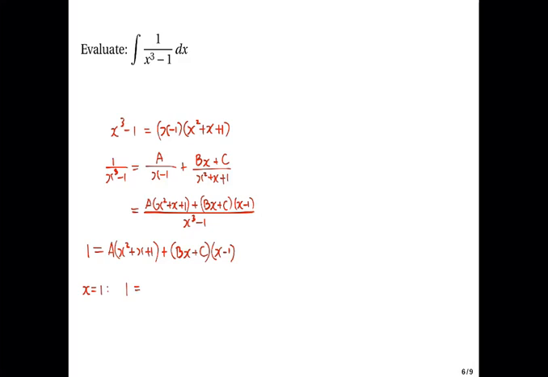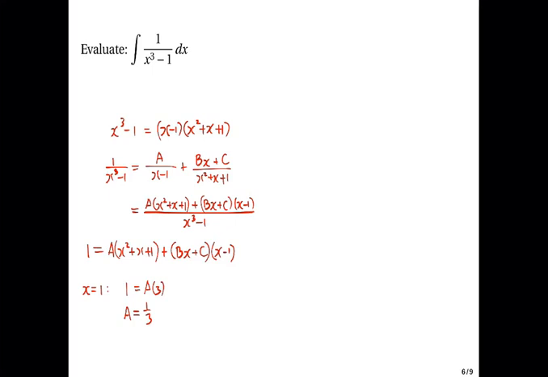On the right-hand side, we have a times 1 squared plus 1 plus 1, so we just have a times 3. Therefore, a equals 1/3. Now we have a value for a. We can easily substitute that value of a in this term here. Then we are left to solve for the values of b and c.